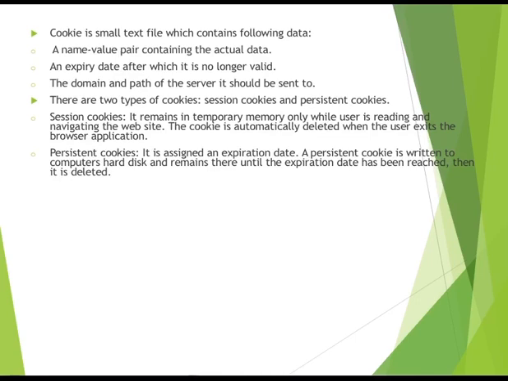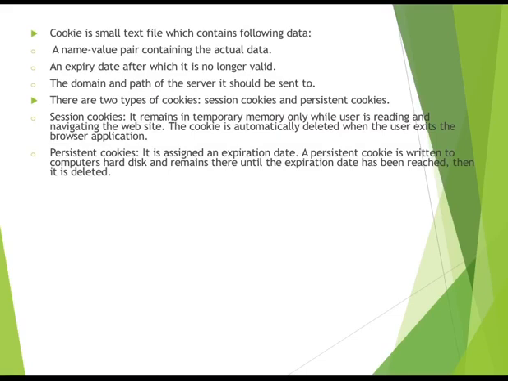And next is the persistent cookie. A persistent cookie is assigned an expiry date. That is, it is written to the hard disk, and it remains in memory until the expiration date has been reached. Okay, and after the expiration date of that cookie is reached, it is deleted. It is not deleted when we close the browser application.